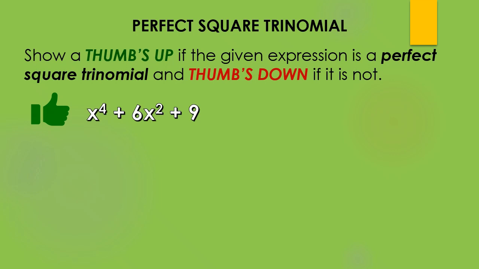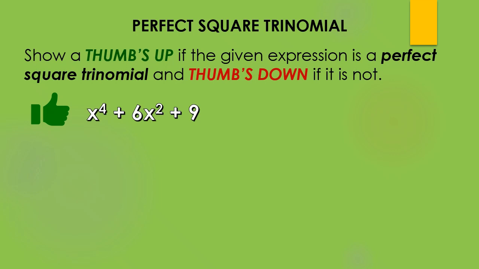In order to say that this entire expression is a perfect square trinomial, the first term and the last term must be perfect square terms. x raised to the fourth power is a perfect square term because it is the square of x squared. 9 is also a perfect square number. 9 is the square of 3. So here, it appears that our a is x squared and our b is 3.